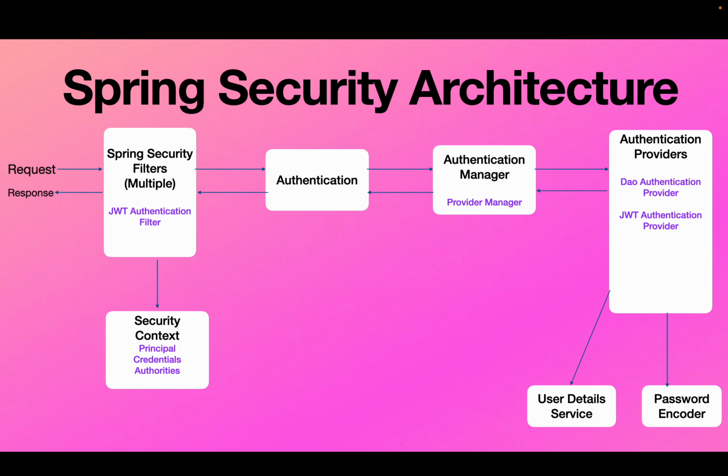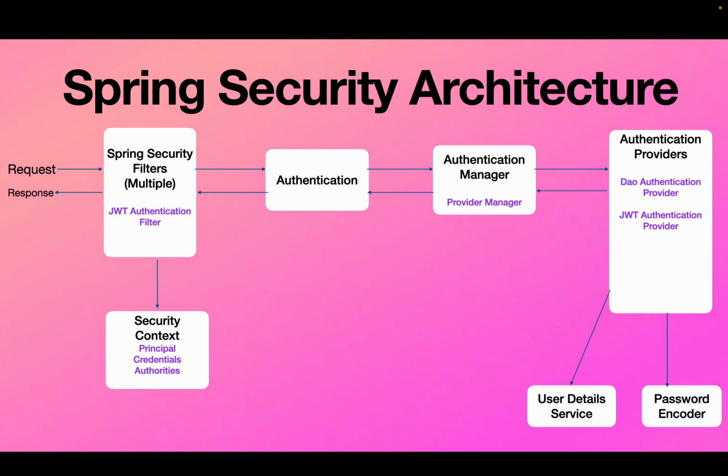So this is the entire architecture of Spring Security. First is the Spring Security filter for filtering the request, then framing the authentication object and passing it to the authentication manager, which hands the request over to the authentication providers. The authentication providers have the actual authentication logic: whether to use the user details service or not, and how the password encoding should happen.